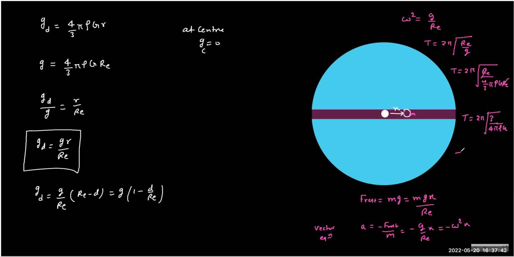Understood? Or you can take the 2 pi inside, you will get 3 pi by G rho.